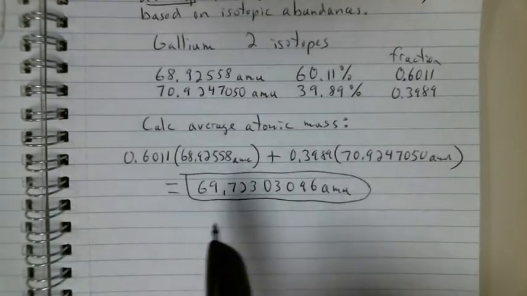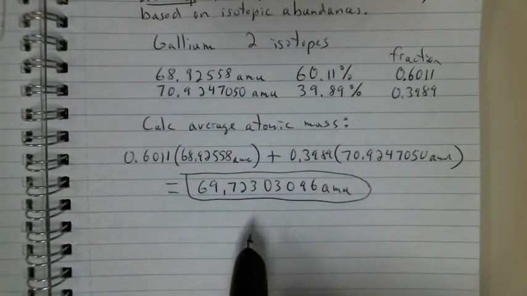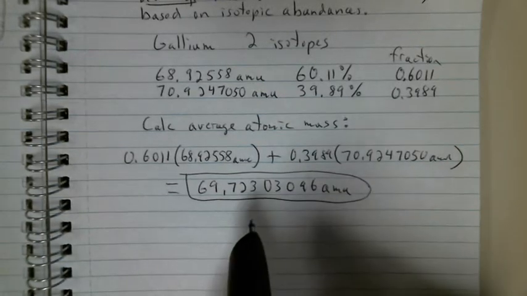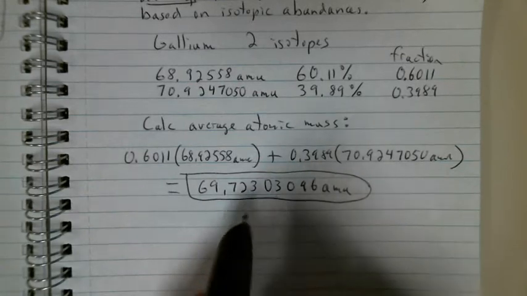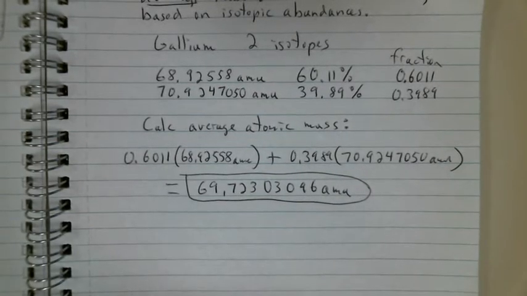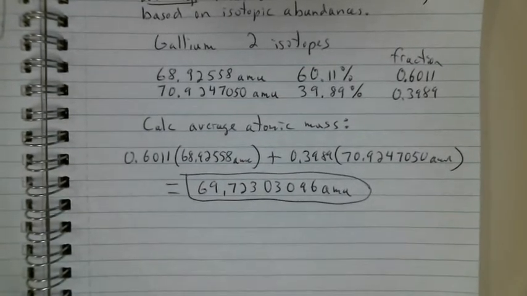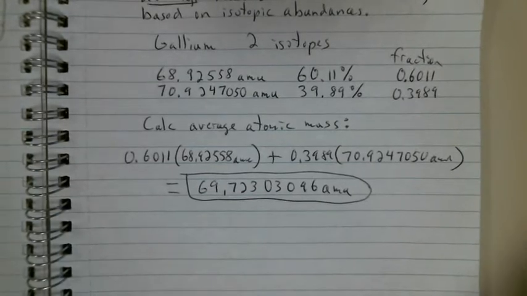And so when you get a question like this on the homework, make sure you check to see what it says. It's going to tell you, if I programmed it correctly, what decimal place you have to go out to in order to get it right. Okay, so that's how you do the average atomic mass, and hopefully it's not too difficult of a calculation.